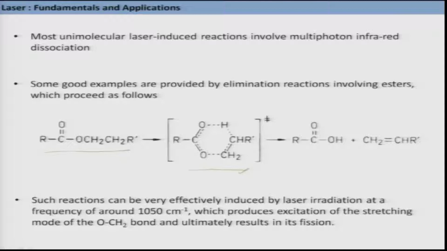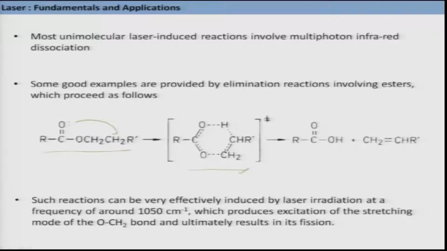And here what happens, essentially this part is going here, right. So, this oxygen lone pair can actually attack here, and you get something like this structure.